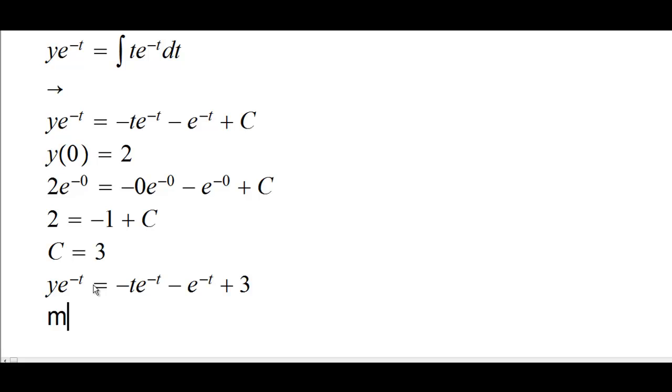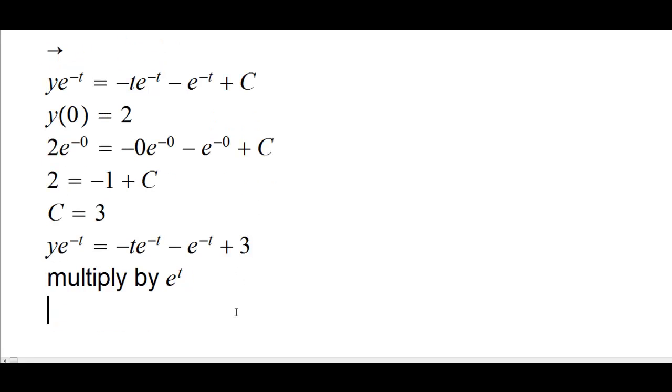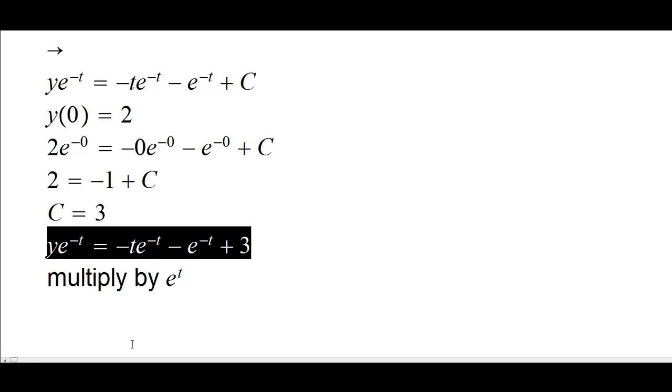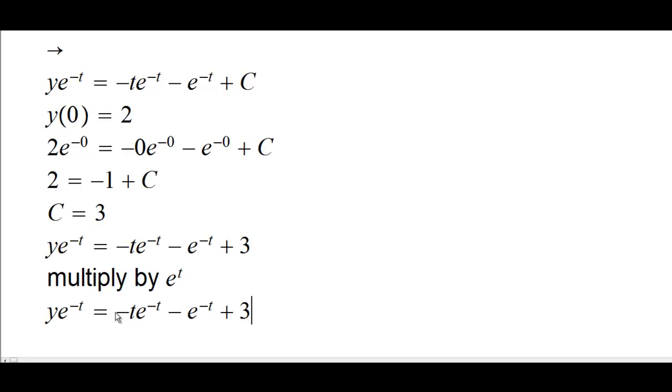Okay, so I can multiply by e to the t, right? Makes sense. And then what will happen? All the e to the negative t's will disappear, right? So this is gone.